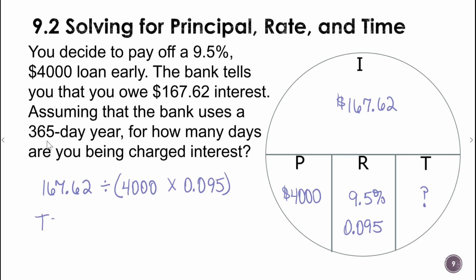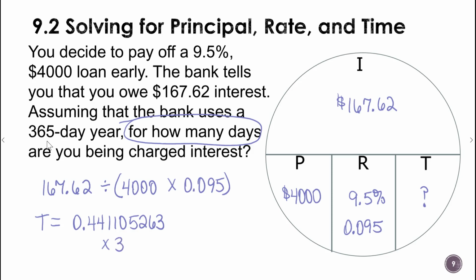And so time is equal to another big long decimal number, 0.4110526, and then we multiply that times 365 to find out the number of days, because notice it said for how many days are you being charged interest.